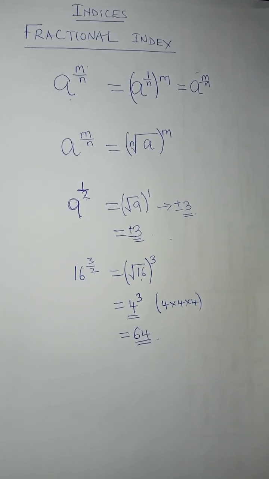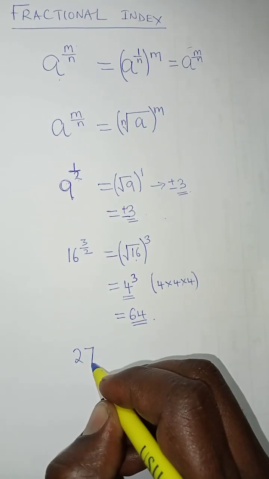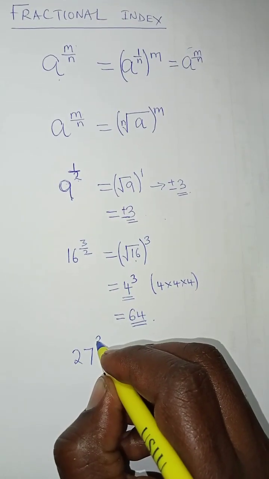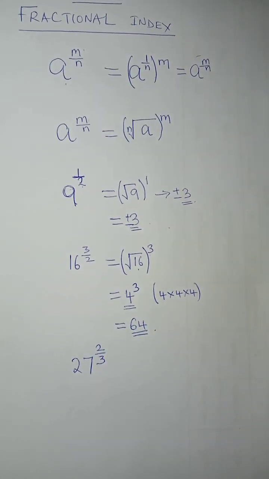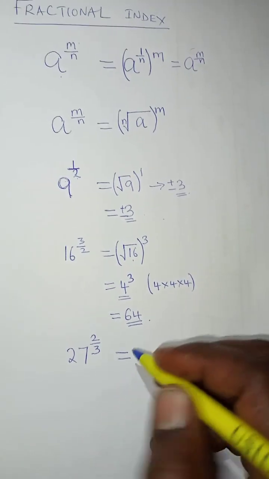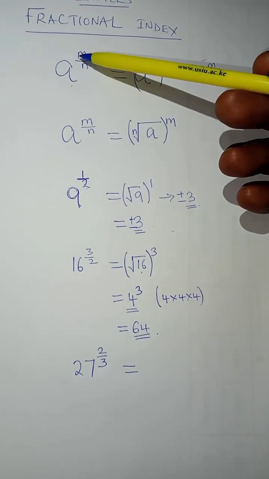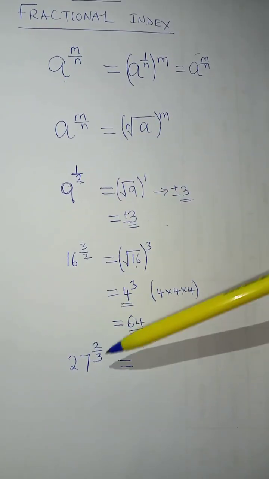Another example is 27 raised to power 2 over 3. Can you recognize our m? The numerator of the power, 2. The denominator of the power, 3.